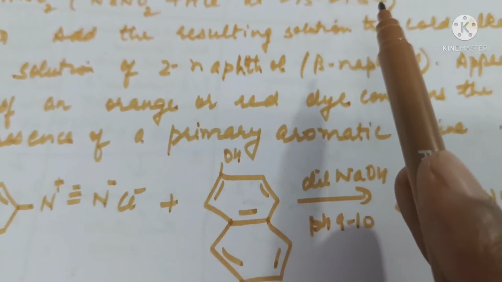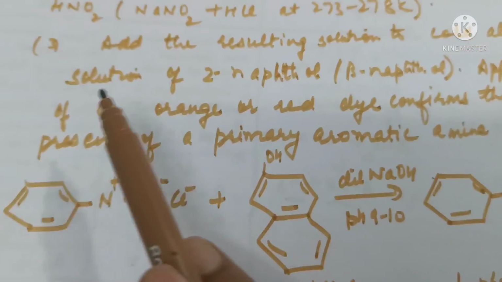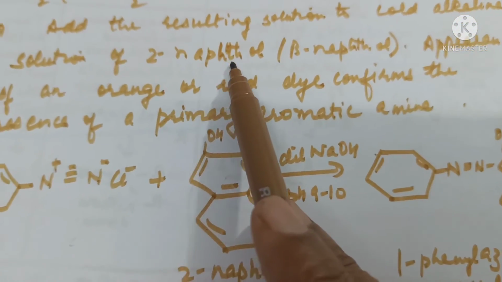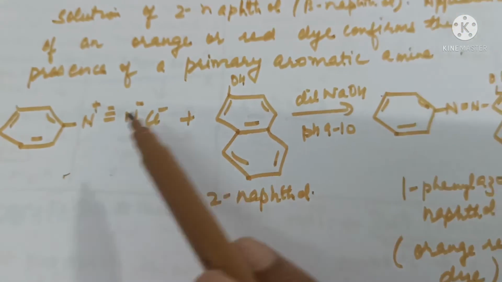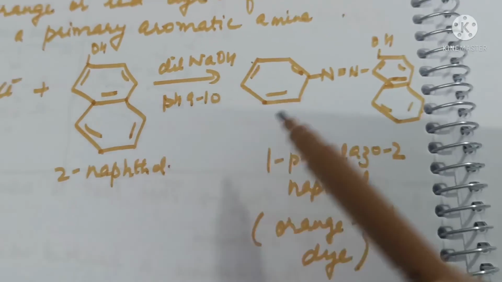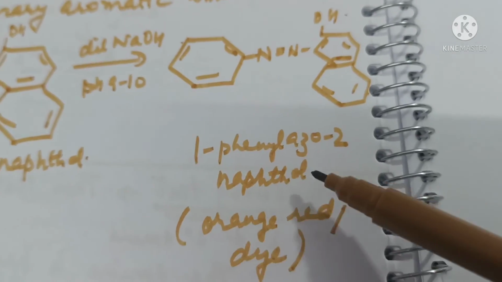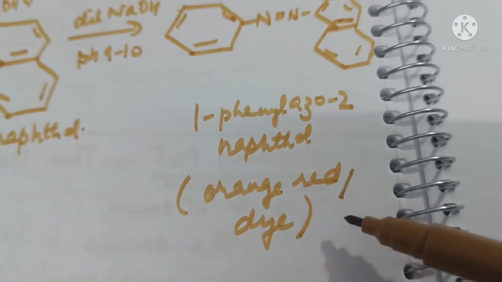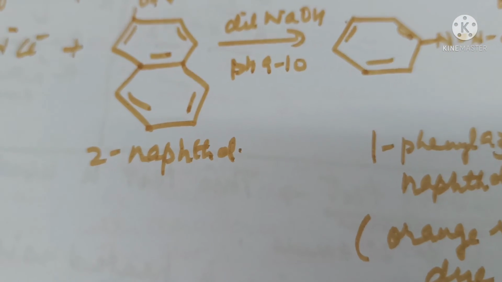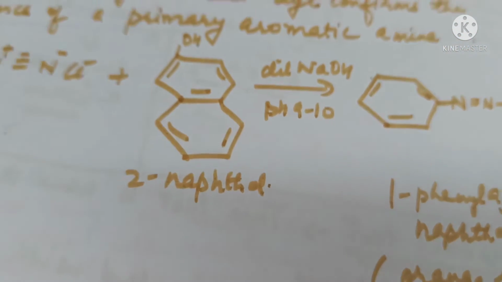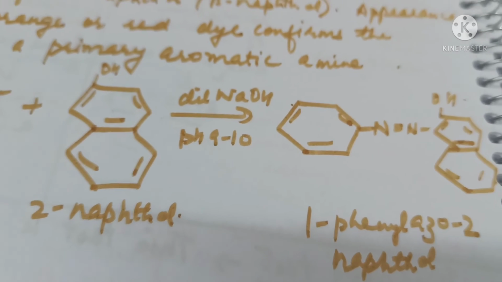You add the resulting benzene diazonium chloride solution to cold alkaline solution of 2-naphthol. This benzene diazonium chloride will couple with it to give an orange-red dye of 1-phenyl-azo-2-naphthol. This is the dye test to distinguish aromatic amines from aliphatic amines.